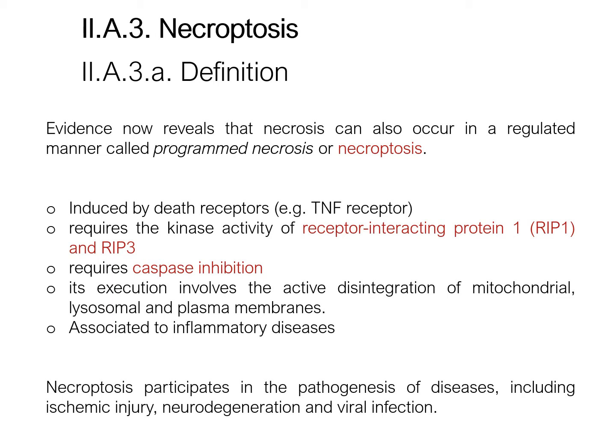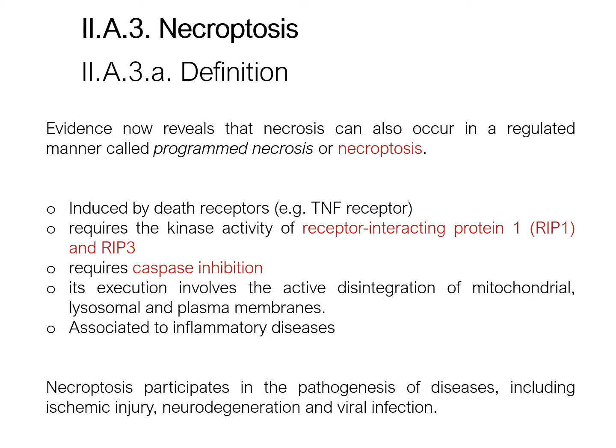So necroptosis can be considered a type of programmed necrosis. The importance of necroptosis resides in that it is induced by death receptors, mimicking what we've seen for extrinsic apoptosis. One of the most important receptors that participate in necroptosis is the tumor necrosis factor receptor.